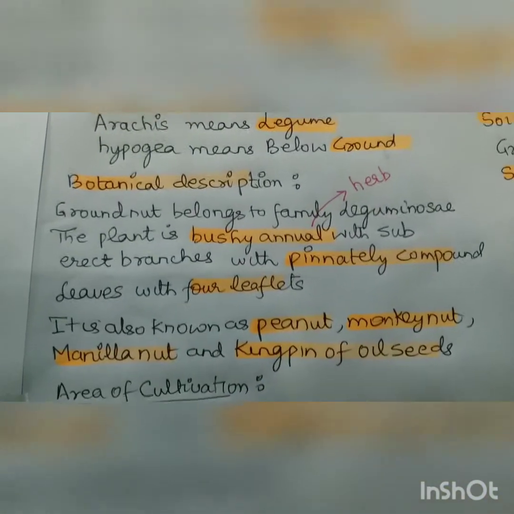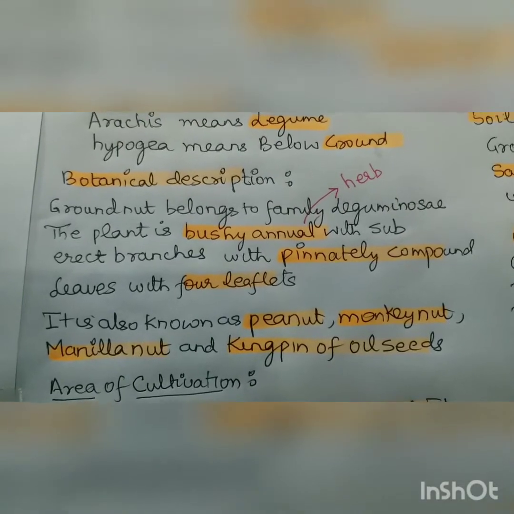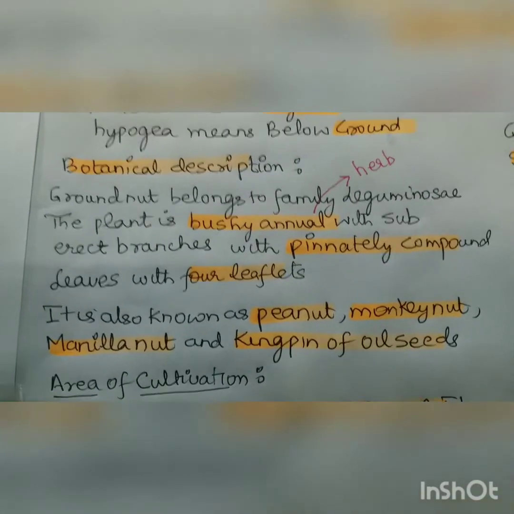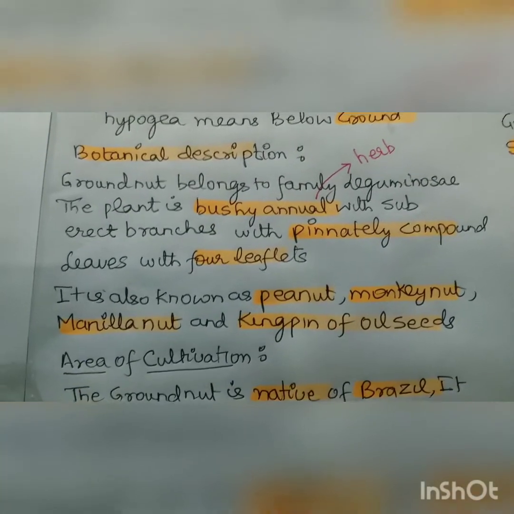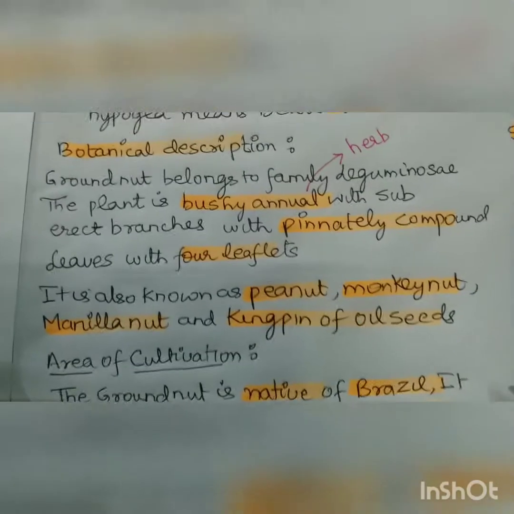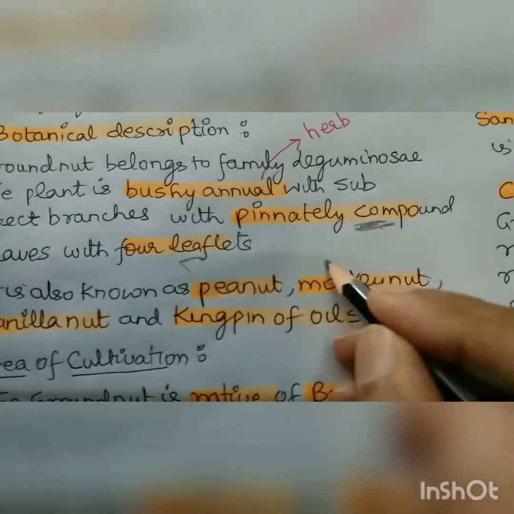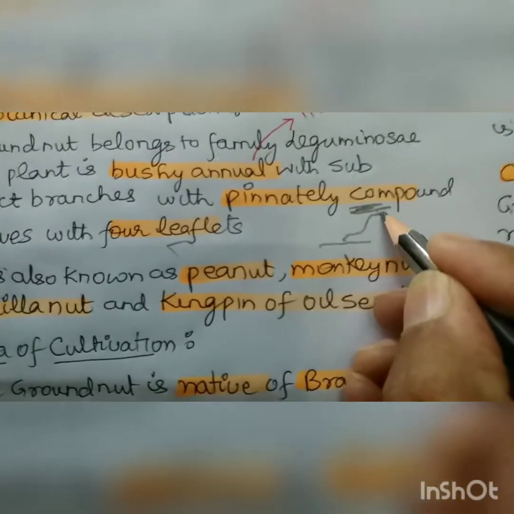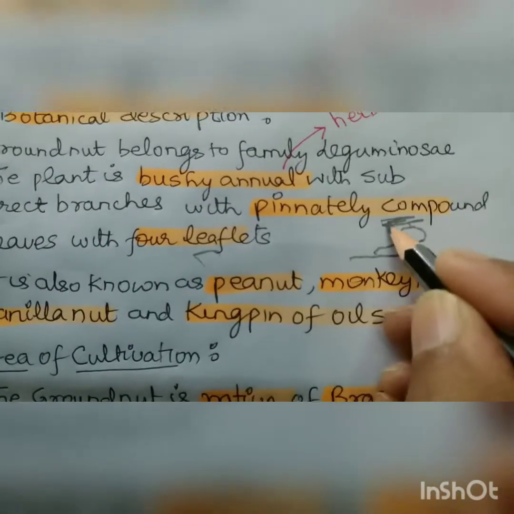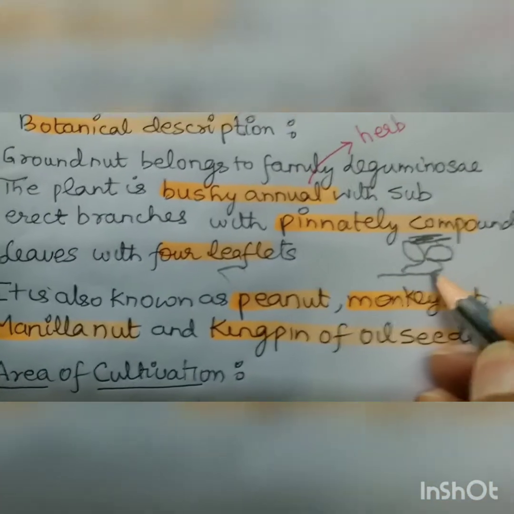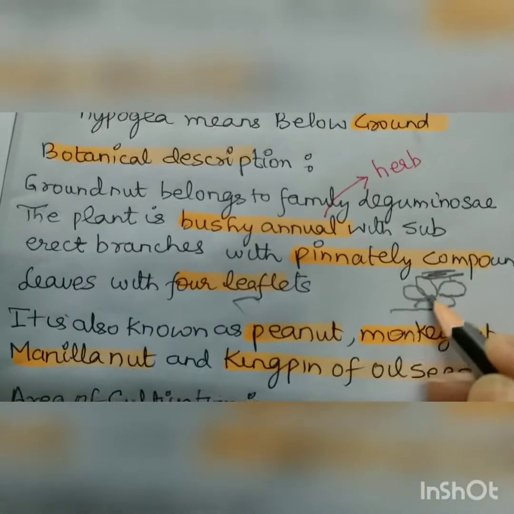Botanical description: groundnut belongs to family Leguminosae, which I told you, and the plant is a bushy annual with sub-erect branches and pinnately compound leaves, very important, with 4 leaflets. It is like this: 1, 2, 3 and 4.